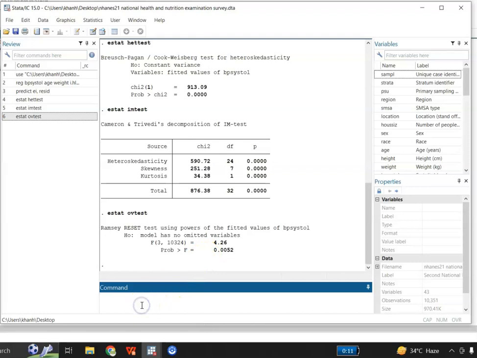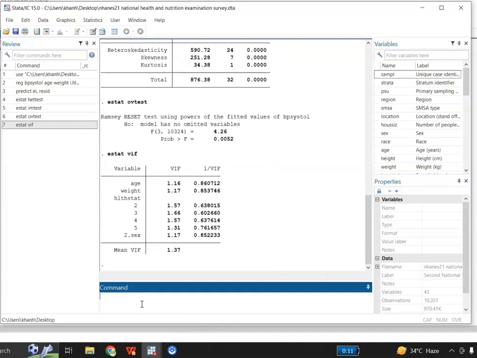I can also check multicollinearity in this model. So estat vif, and VIF is the abbreviation for variance inflation factor. So if I press this, here are my results.